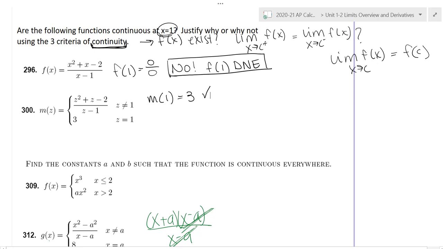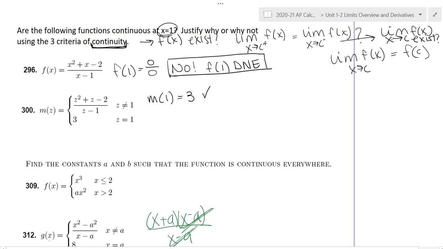Does it approach the same value? This is not a left or right hand, so I can actually modify this and say not just is the left and right hand equal, but also does the limit as x approaches said value of f of x exist? Because if it does not exist, that means there's some sort of asymptote. Let's look right here.